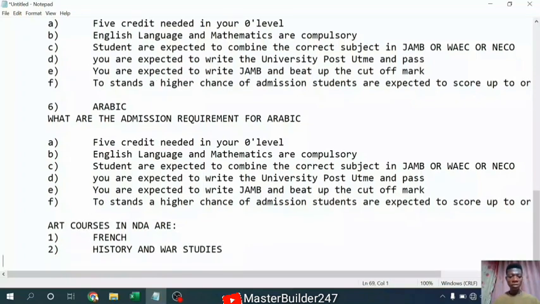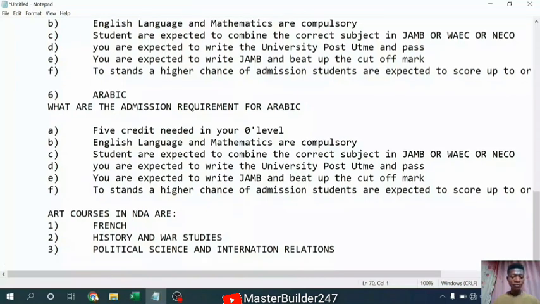Now the third one is political science and international relations. Okay, that's the third one. Then the fourth one, we have defense and security studies.